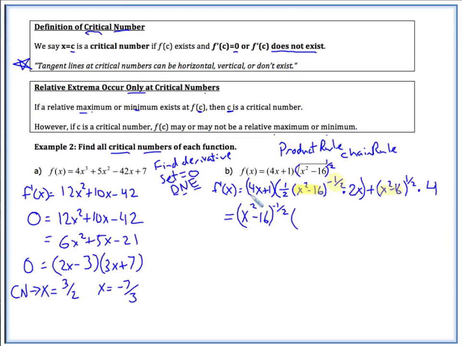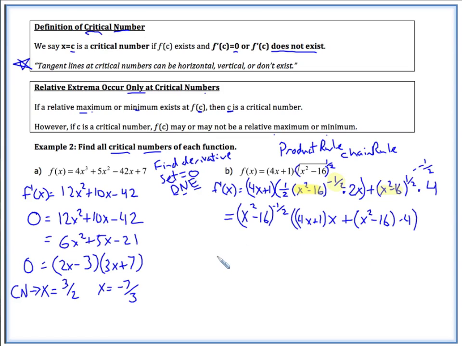And here we're left with 4x plus 1, and then 1/2 times 2x, which is just x. And then on the right side, remember, if we take a negative 1/2 out of this, we're going to go minus a negative 1/2, and so that equals 1. So we're really left with x squared minus 16, and then times 4.